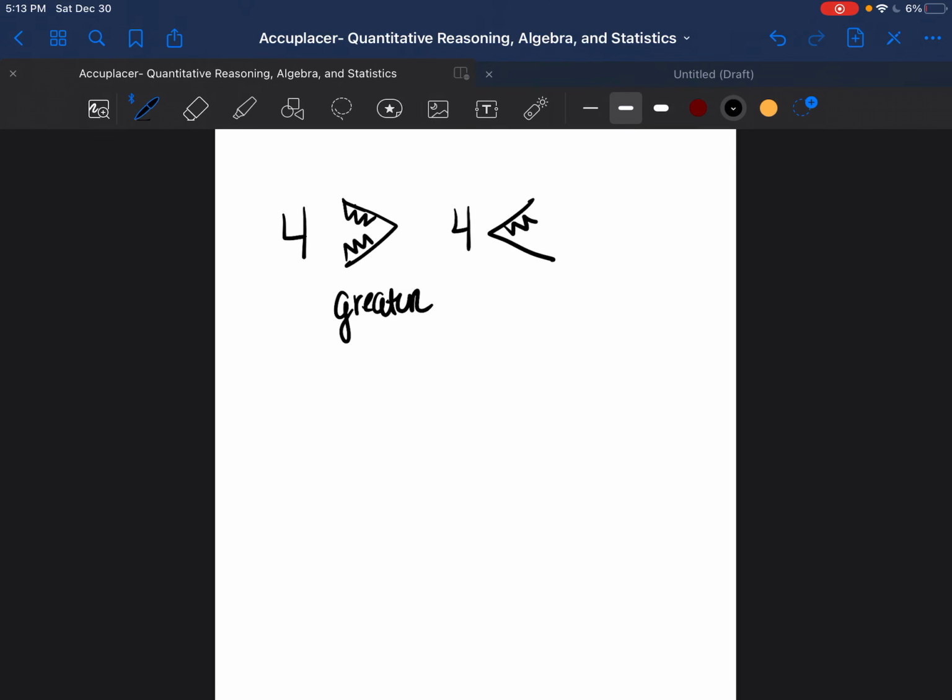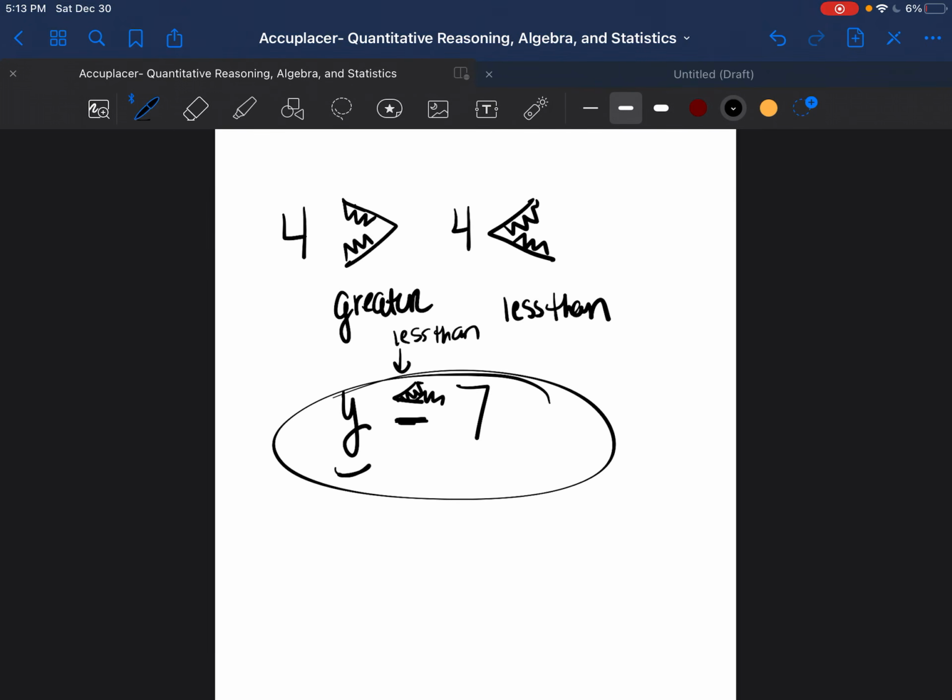If the alligator is trying to eat a different number, that means that number is less than. So when we said y is less than or equal to 7, the reason why we're saying the word less than is because the alligator doesn't want to eat the y. It wants to eat the other number. So y is less than or equal to the number 7.